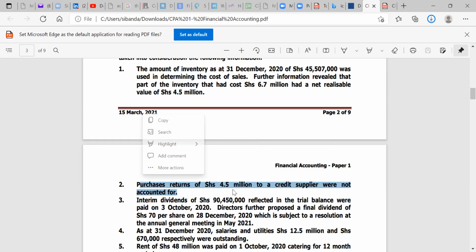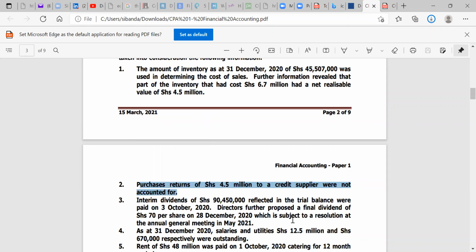So the next question I'm going to ask myself is, how do purchase returns affect my profits? So I have purchase returns of 4.5, which they are telling me were not accounted for.